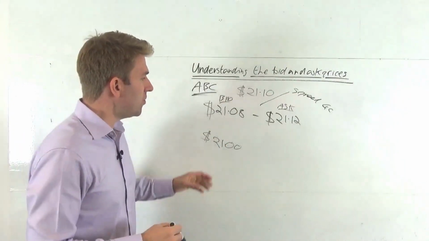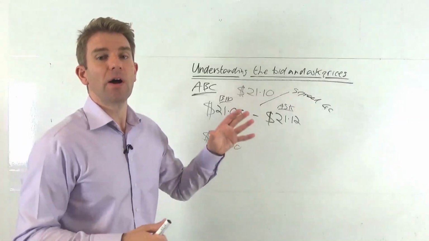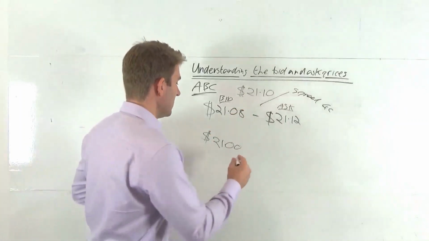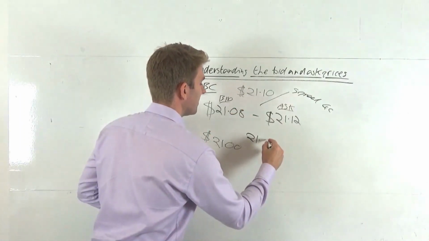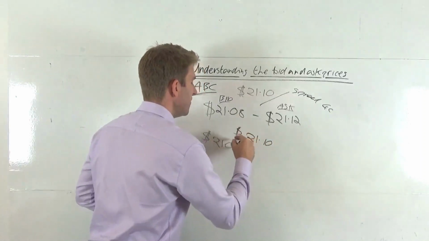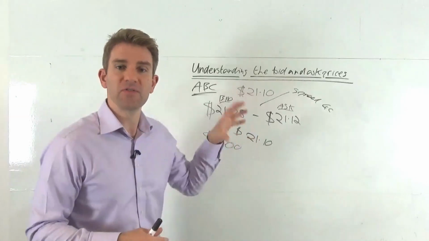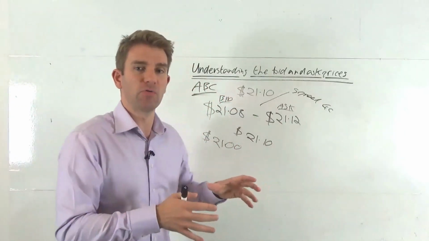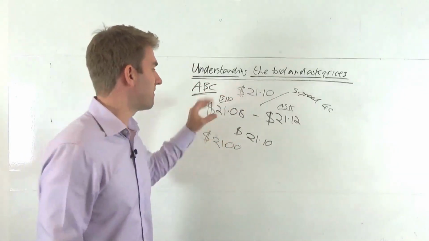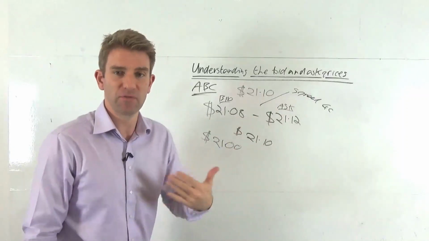But if you wanted to be a little bit more aggressive, you could put a limit in for $21.10. Now, if you have a direct access platform, this wouldn't always apply for some of the deep discount brokerages. Your limit order wouldn't affect the price. It would just sit there and be executed if the trade went through.